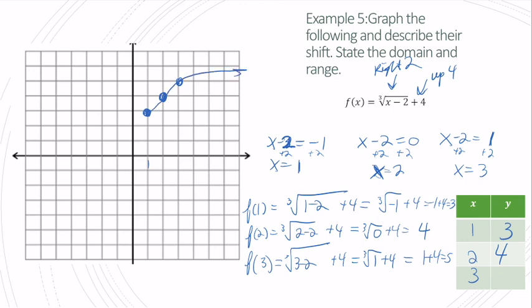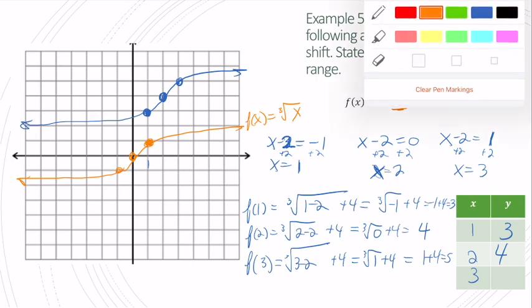I know it looks something like this. And we could think of this as our original function. So here's our original cube root function, shifted right 2 and up 4. See this point here?